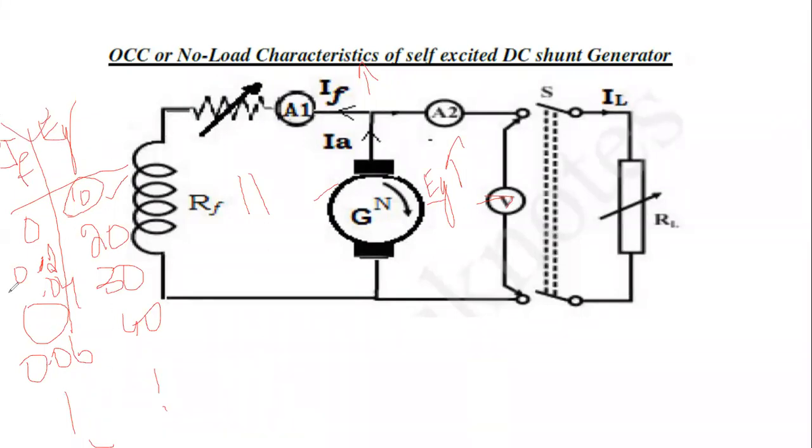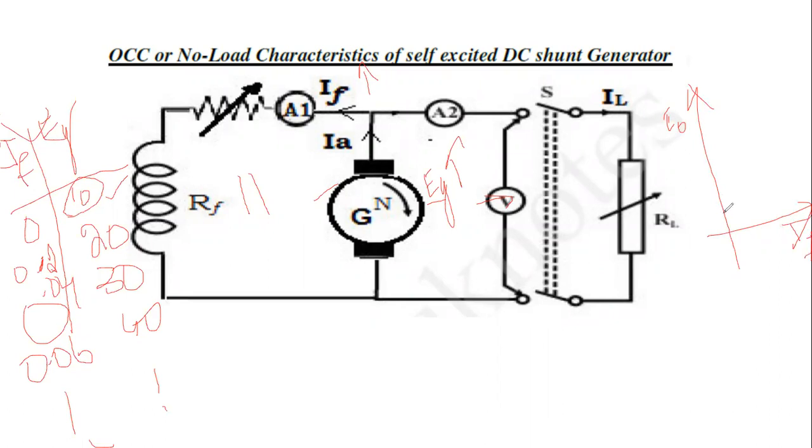After completing taking those readings, we draw the OCC characteristics for the self-excited DC shunt generator. This is E0 or EG, and this is the field current IF.